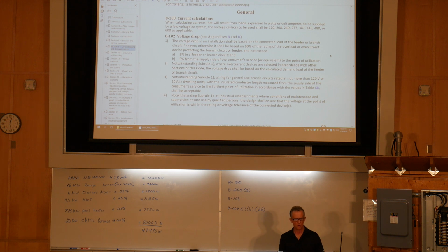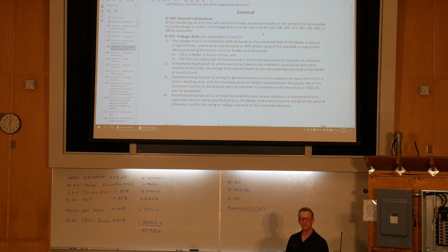So Rule 8-100 gives us guidance on our voltage divisors. 8-100, current calculations. When calculating currents that will result from loads expressed in watts or volt amperes to be supplied by a low voltage AC system, the voltage divisors to be used shall be 120, 208, 240 volt, 277, 347, 416, 480, or 600 volts as applicable.